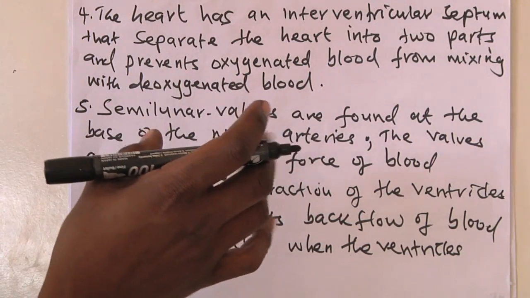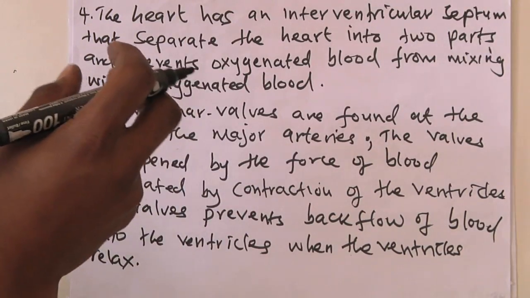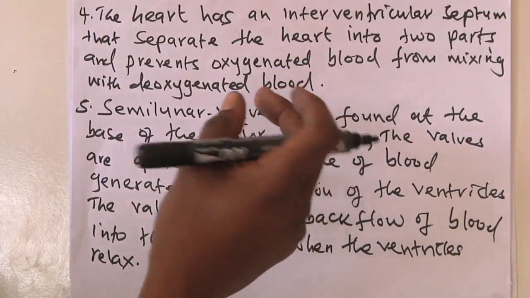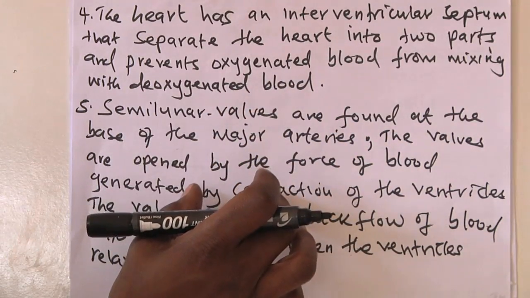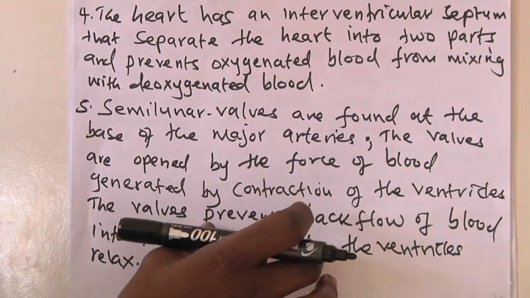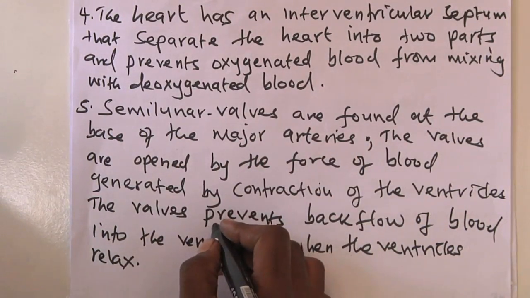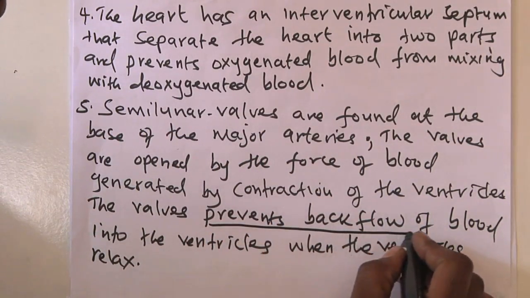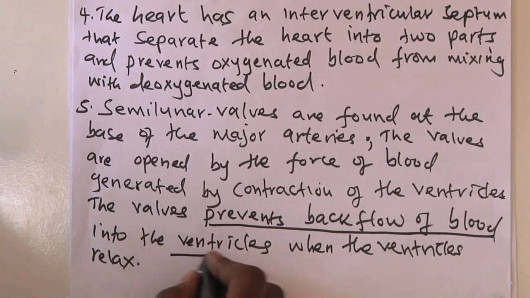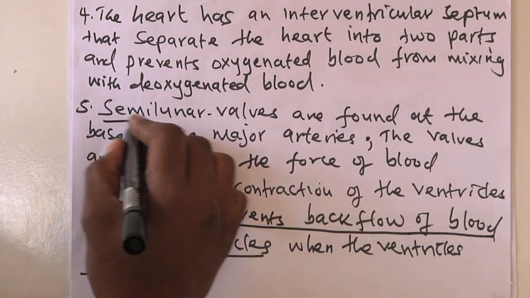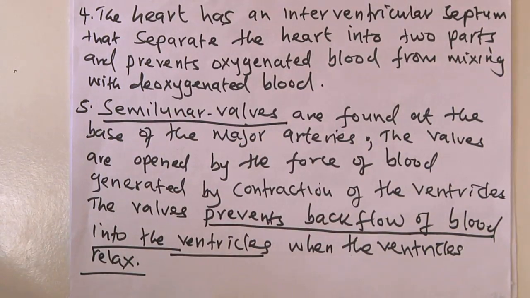And as the auricles contract, we don't want the blood that was pumped out of the ventricles through the pulmonary artery and the aorta to flow back into the ventricles. So the semilunar valves are always going to be preventing backflow of blood into the ventricles when they relax. So that is the function of the semilunar valves.